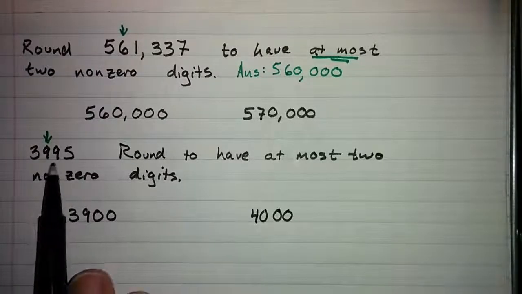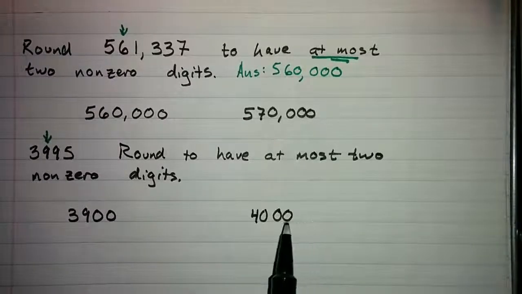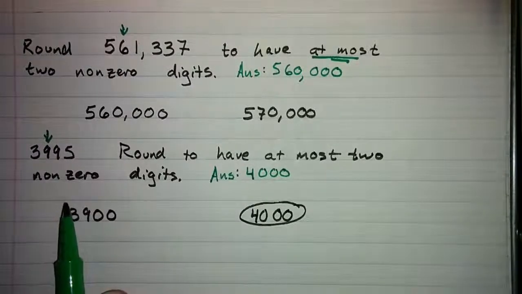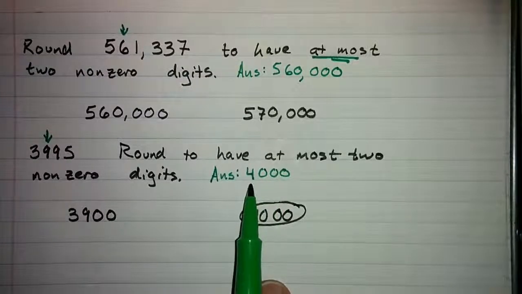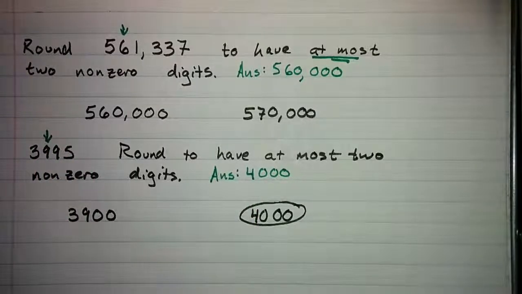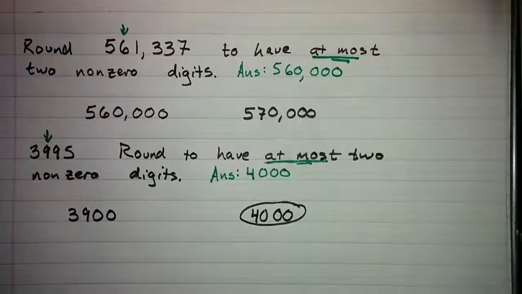Oh, but this next digit is a 9, bigger than 5. So we're closer to 4,000. That doesn't have 2 non-zero digits, does it? Look, of the digits, only one of them is not 0. But that's the best we can do. There's no way we can round this so that it would have 2 digits that aren't 0. This instruction will always say at most. Because sometimes the way rounding works out, you don't end up with that many non-zero digits.